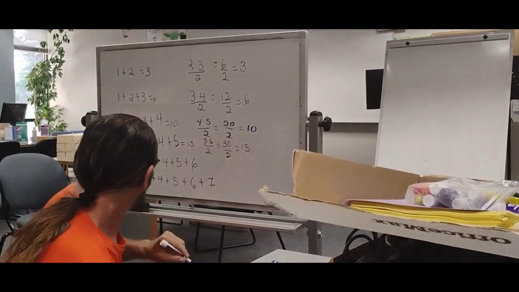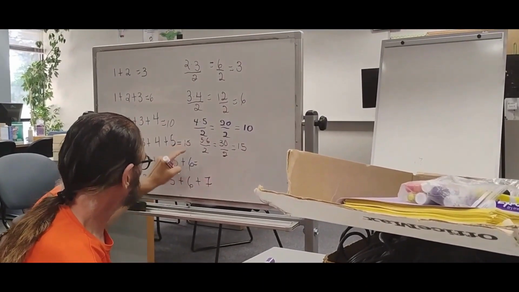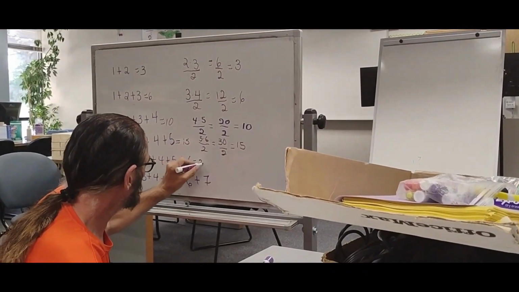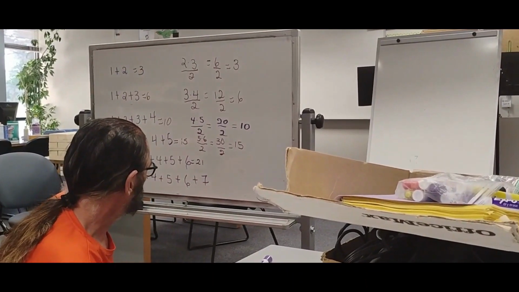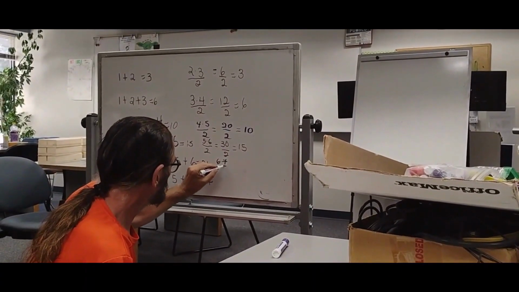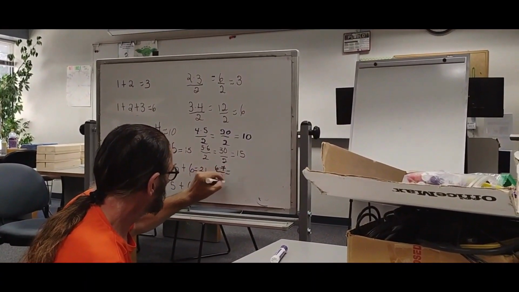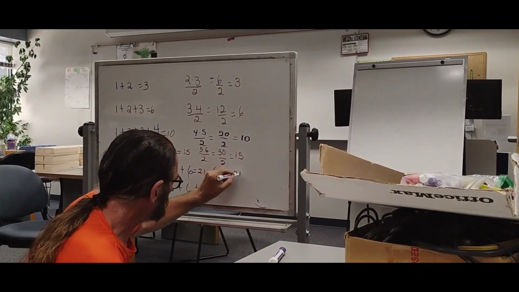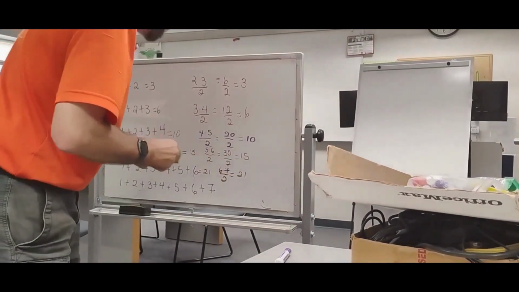Okay, so now that should be 21, right? My guess is we're going to have a 6 times a 7, which is 42. Taking half of that would give us the 21. So let me try that out.